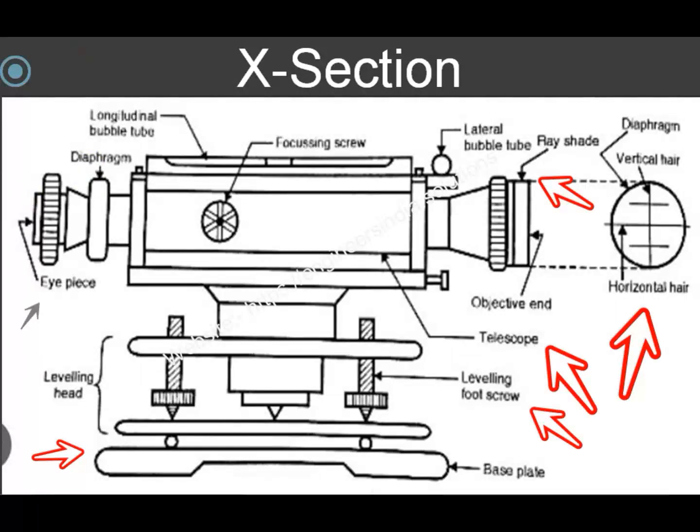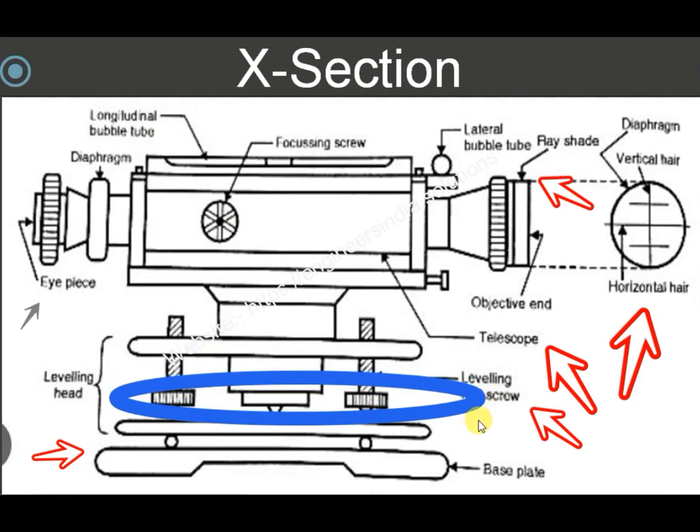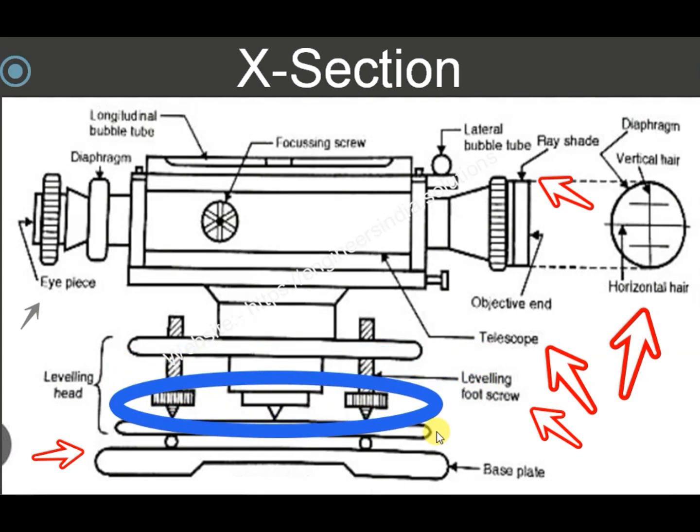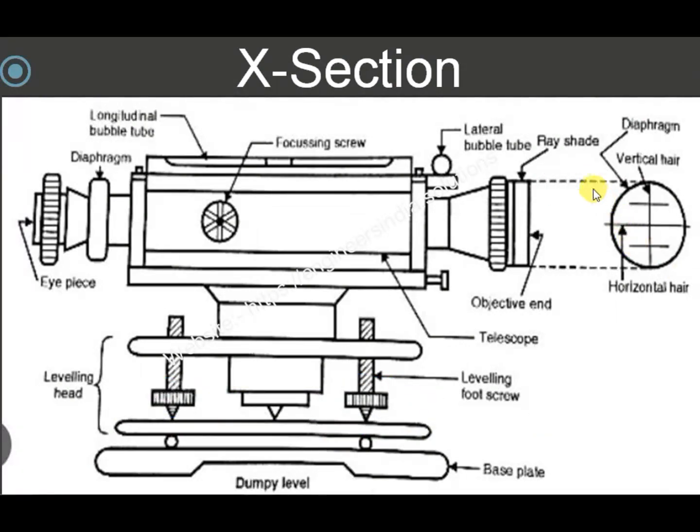So we are going to now basically talk about these foot screws when we talk about leveling. Two you can see over here, and in the previous figure you had seen the three ones. Here I have shown you the cross wires, or the crosshairs, and there are different types of cross wires like you see in this next figure.